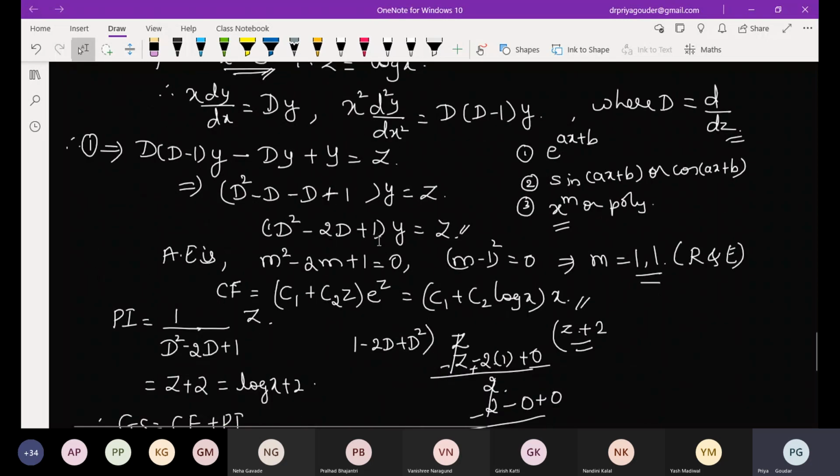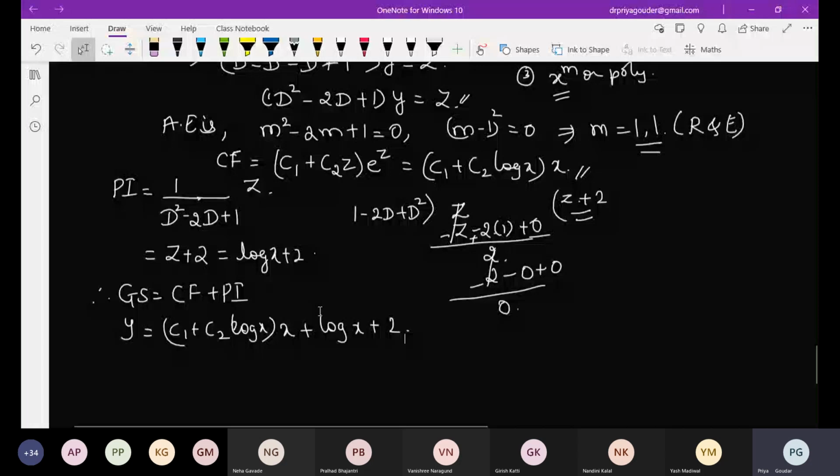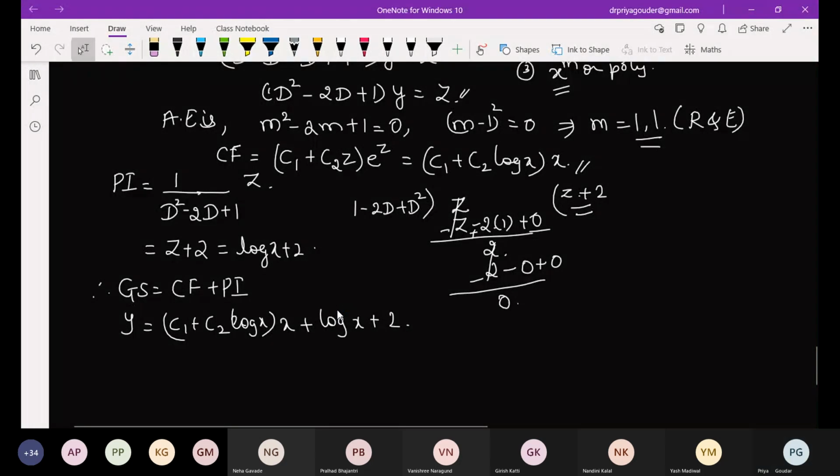When you substitute back, it converts to a differential equation with constant coefficients. Then write the auxiliary equation. Depending on the nature of the roots, write the CF part. Then PI in the usual way. First, confirm which case it belongs to and apply accordingly. The only thing is that CF and PI should be converted in terms of X and substituted in GS.